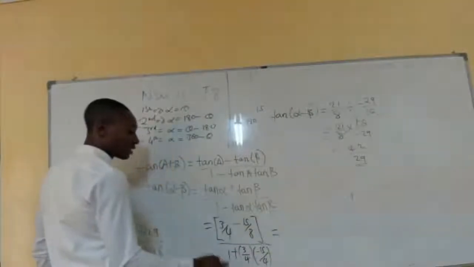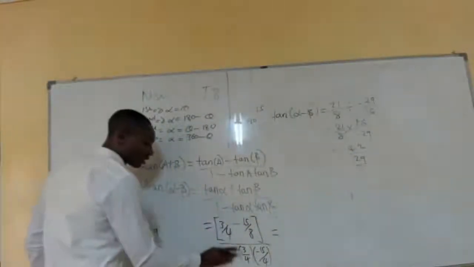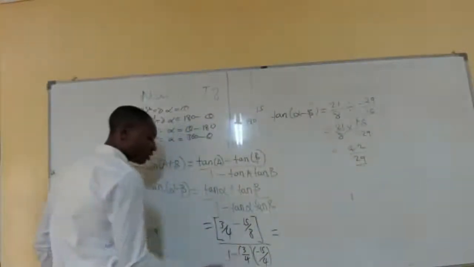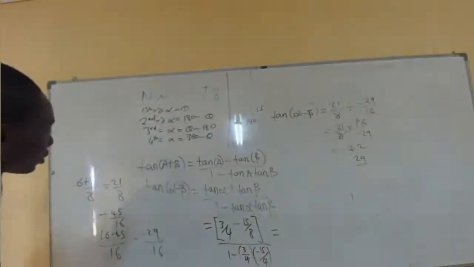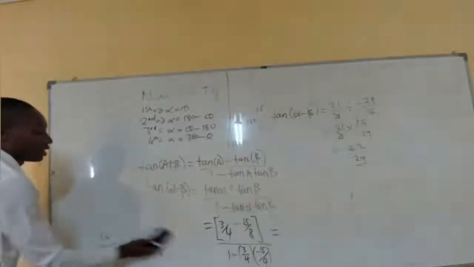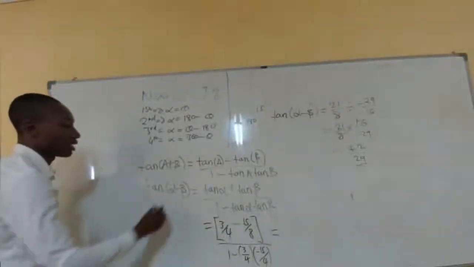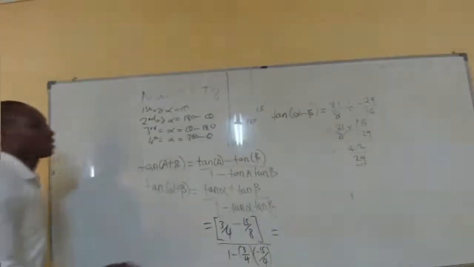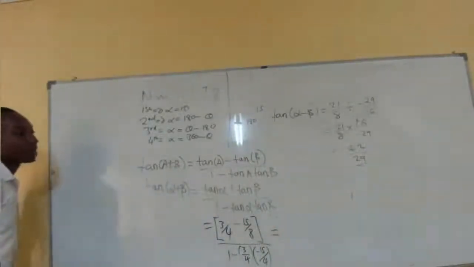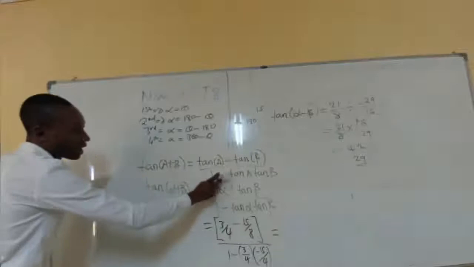Then this will become minus, alright? So meaning that the final answer will be influenced, right? So we're now dealing with tan alpha plus beta. I've just switched a bit of some things there. As I said, the numerator becomes positive, the denominator has a negative now.